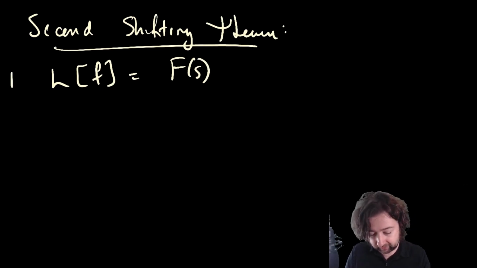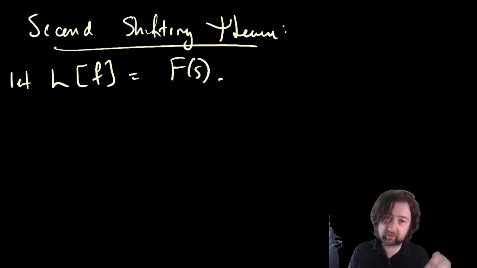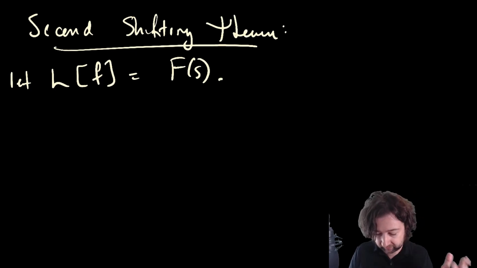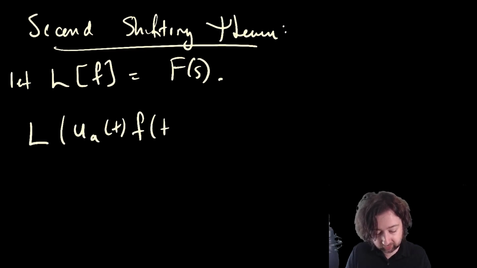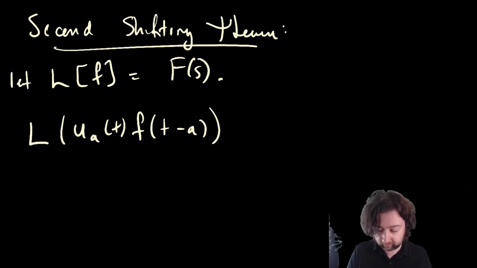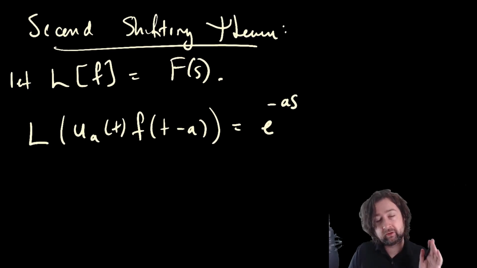So let's let this be the case. Just our usual notation for the Laplace transform. Then the Laplace transform of a unit step function times a time domain shift of a function is equal to multiplication by an exponential in the frequency domain.